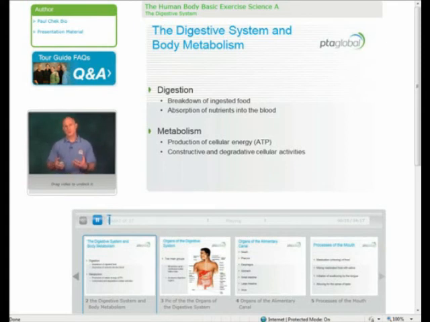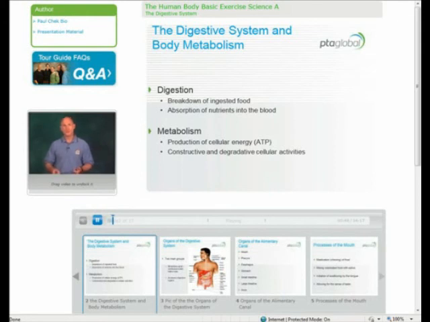The function of digestion is to serve metabolism, and metabolism is essentially a process by which a variety of chemical cascades, called the Krebs cycle, basically takes the food molecules that you eat and with them produces the energy that you need to run your body. And at the cellular level, the energy we use to run our body is ATP, adenosine triphosphate.